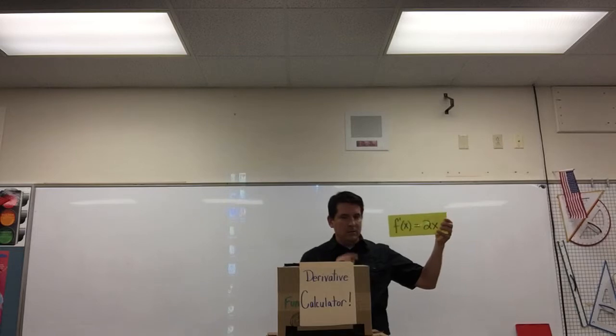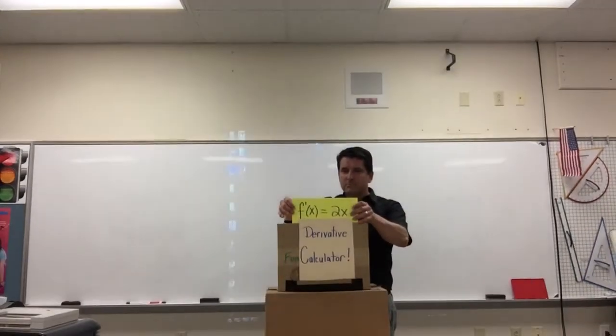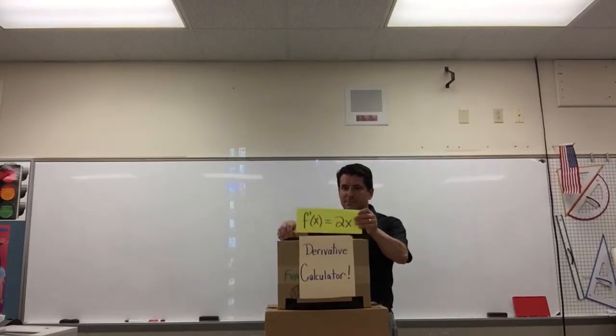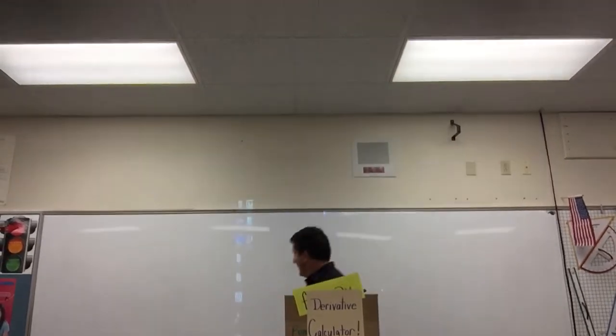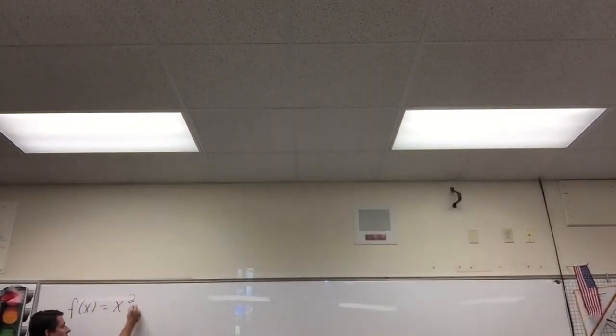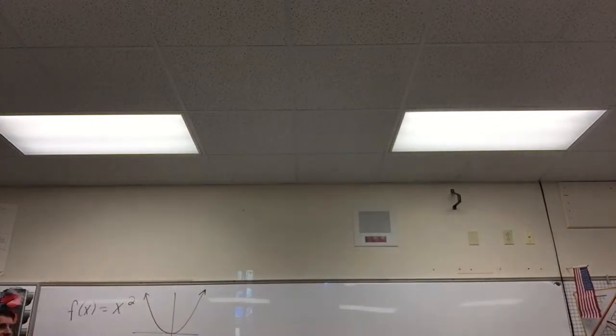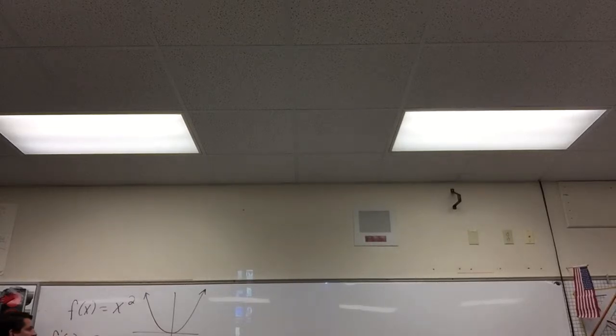So what I mean by that is if f of x is equal to x squared, that means I've got some parabola that looks like this, right? And then I'm saying that its derivative is equal to 2x.